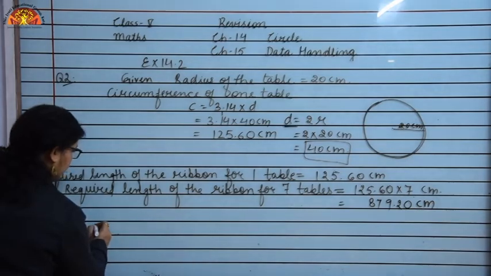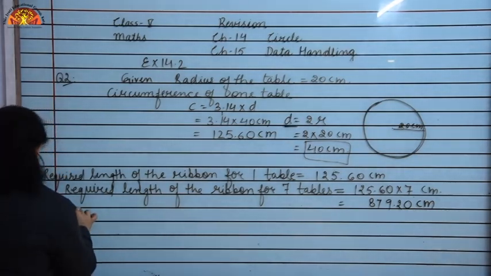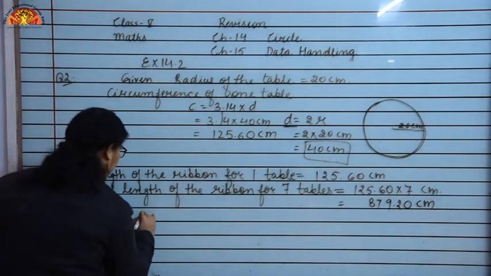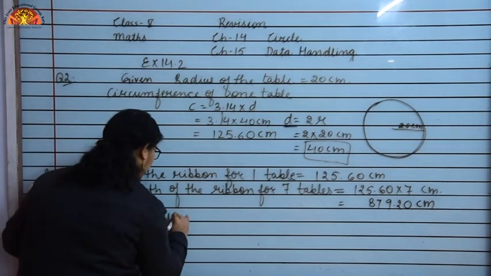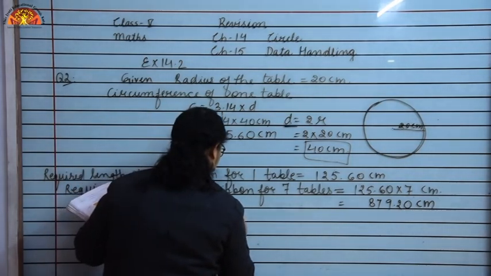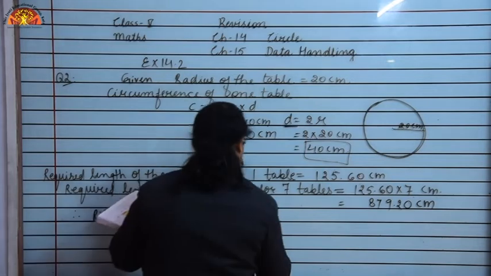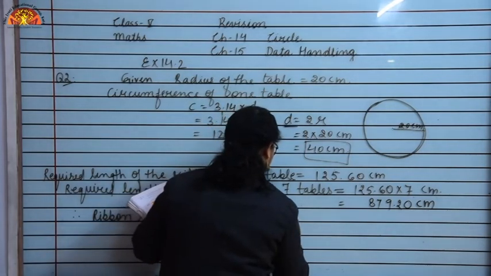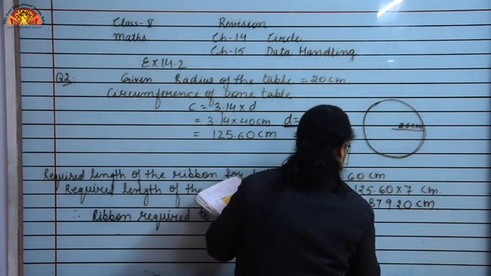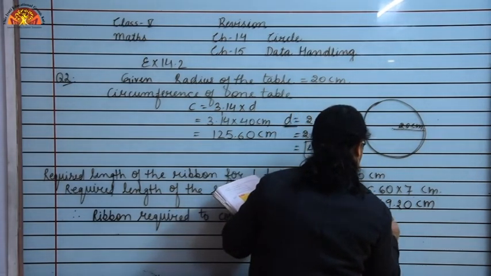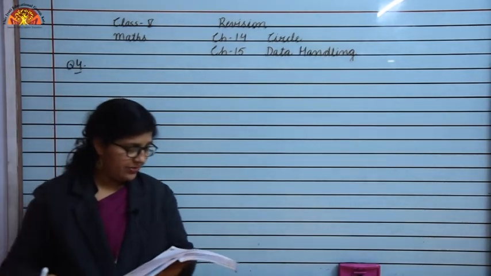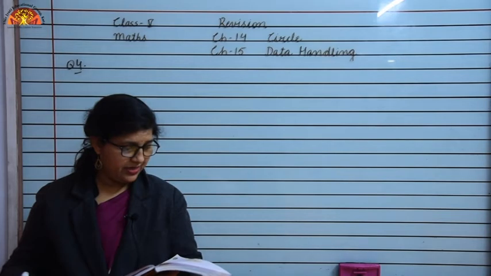Therefore, ribbon required to cover 7 tables is 879.20 centimeter.